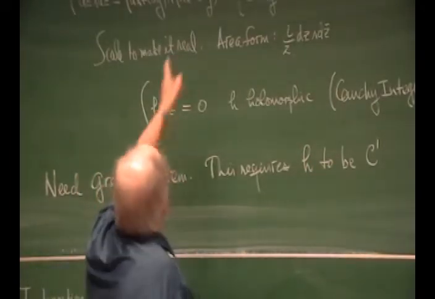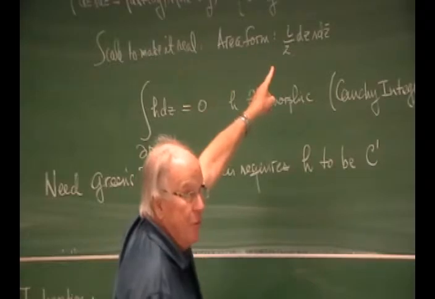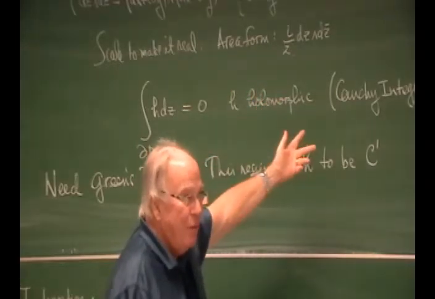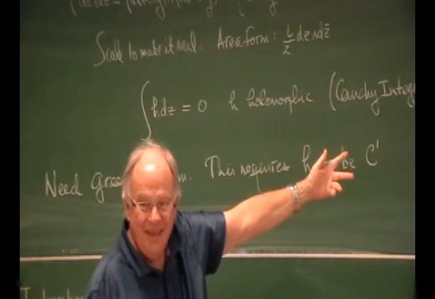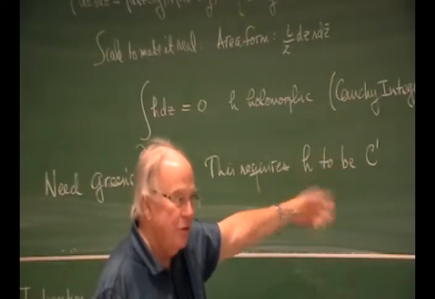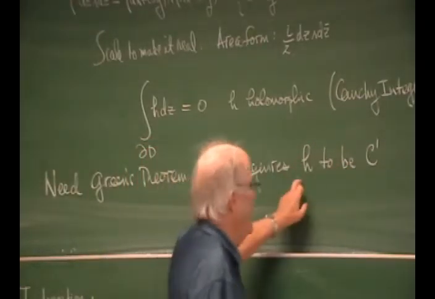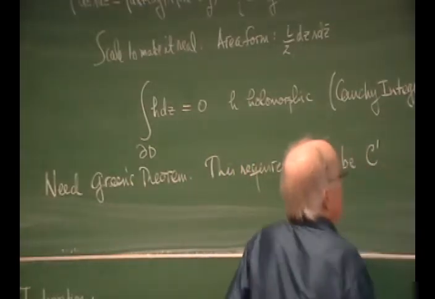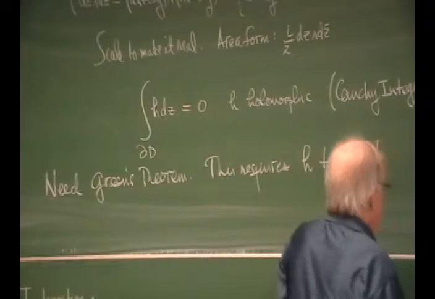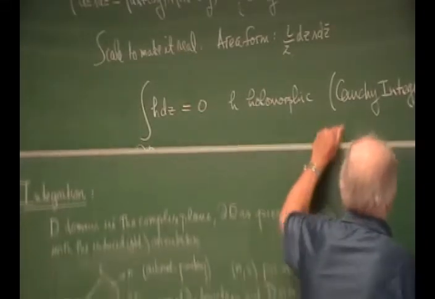So for example, someplace up there, there it is. There's the derivative of H. Now it's 0 maybe, but I mean, in order to discuss this whole thing, Stokes' theorem and so on, it has to be a continuous function. So you really need H to be C1 for Green's theorem. Okay. That's really what you need.